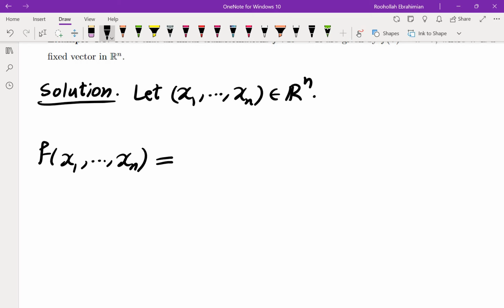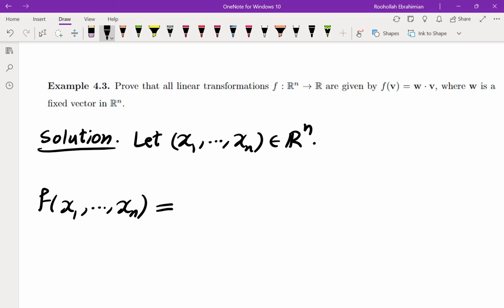Because I would like to use linearity, I'm going to write down this vector x1 through xn as a linear combination of some vectors. The most natural thing to do would be to write it as a linear combination of e1 through en. So this is x1 e1 plus through xn en.